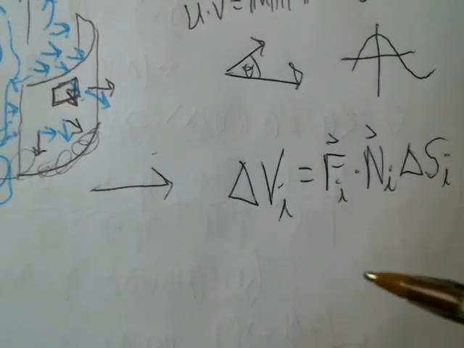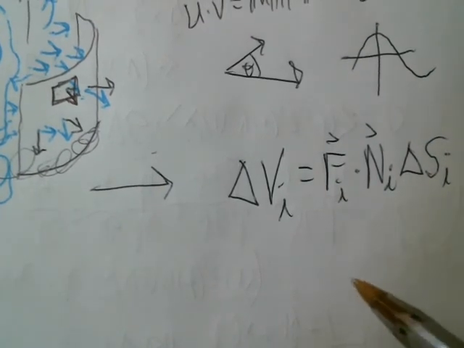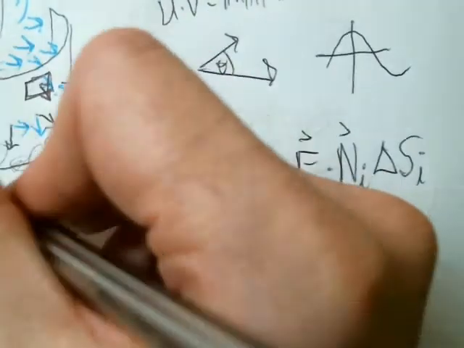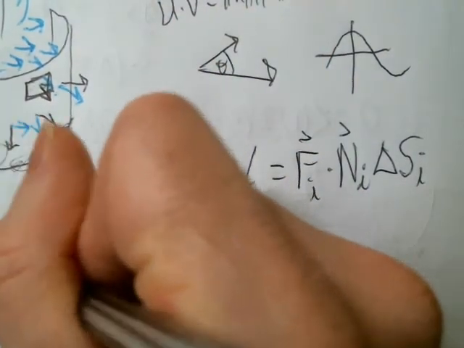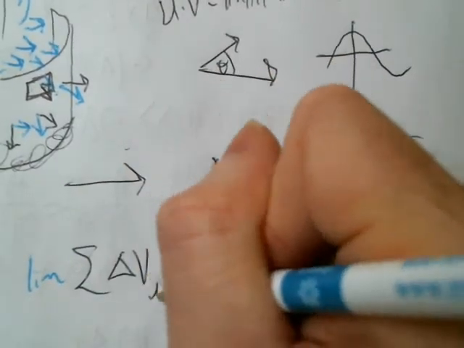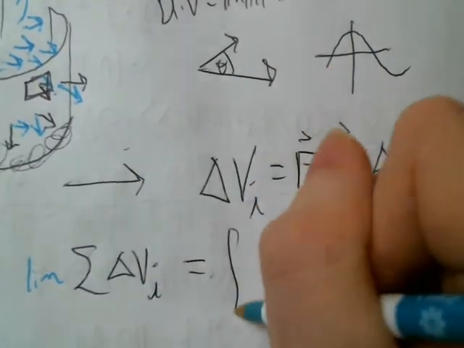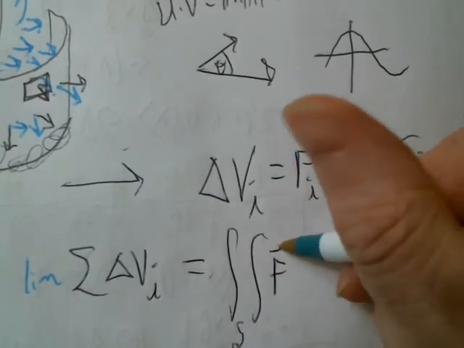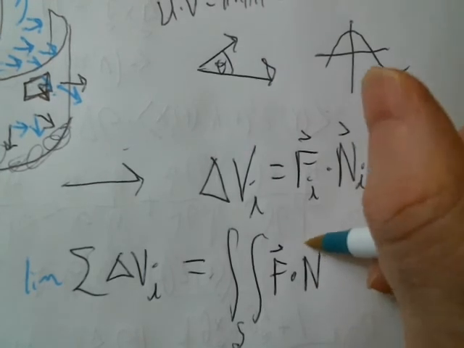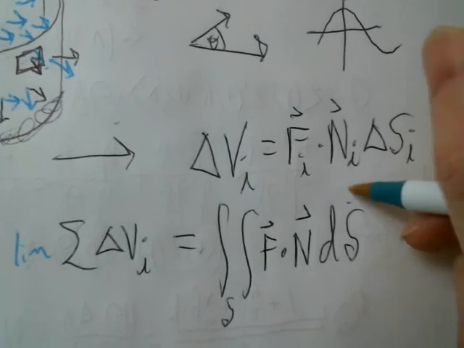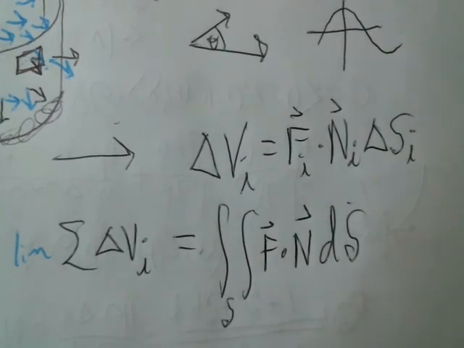Okay, but anyways, right. So what we're going to call this, the sum of this thing is going to be flux. Okay, so the flux integral will be the limit of the sum of all these delta V elements, and basically it's just a surface integral. Okay, so you're adding up this new function, which is a dot product of the force field vectors and the normal vectors, okay, over the surface.